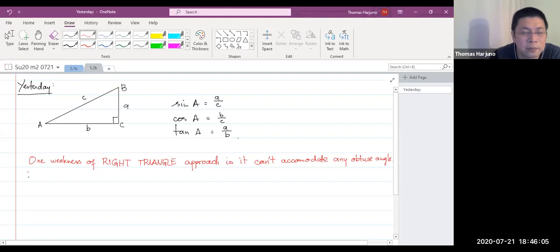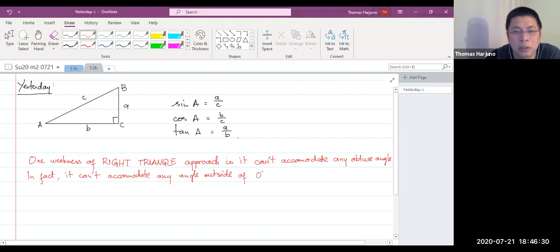In fact, it cannot accommodate any angle outside of 0 degrees to 90 degrees. I write it in interval notation.